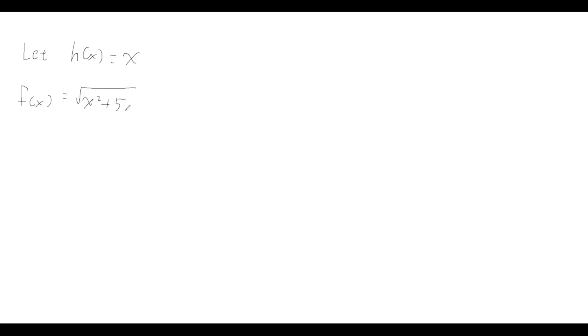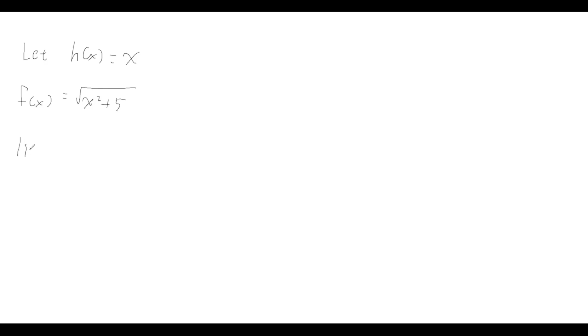Comparing x squared and 5, we know that as x approaches infinity, x squared is going to outgrow 5. So when we're looking at x approaches infinity, we can basically drop the 5, and then we just get the square root of x squared, which is x. Now x is just a monomial, and that will be pretty easy to work with.